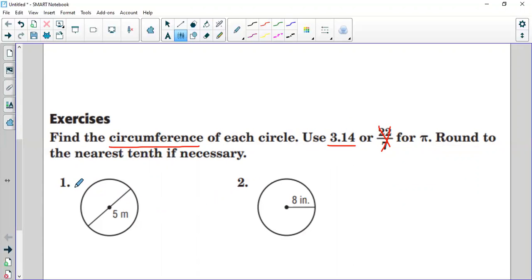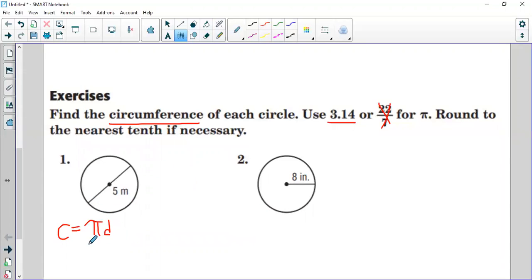So, in question 1, you're given a diameter. This line goes all the way across the circle. So that diameter across the circle is 5 meters. To find the circumference, I'm going to do pi times diameter. So that means I'm going to do 3.14 times the diameter, which is 5.